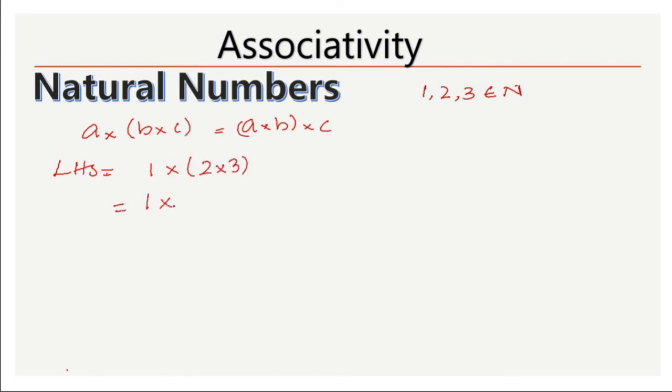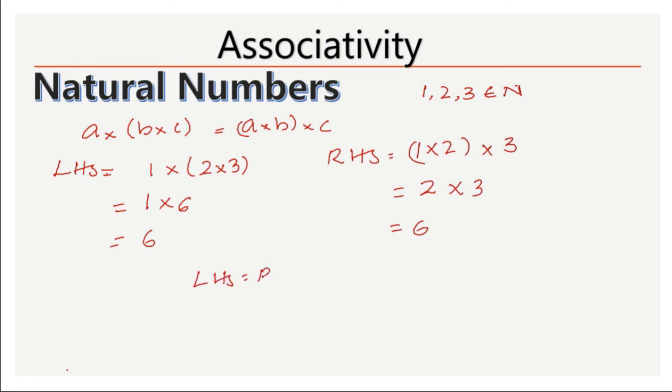So 1 to be multiplied to, this should be 6. 1 times 6 is 6. In the right hand side, we have 1 into 2 multiplied to 3. 1 into 2 is 2, multiplied to 3, we get 6. So left hand side and right hand side are equal.